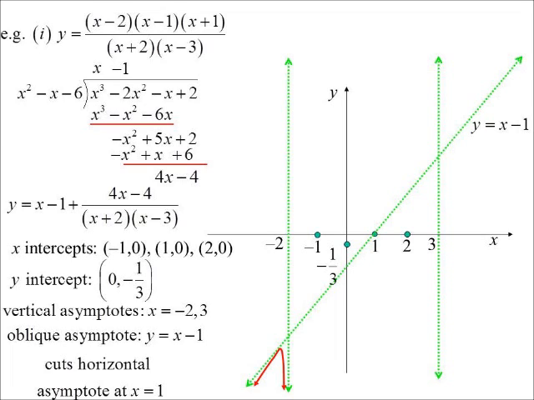The bit in the middle, a little bit more interesting, isn't it? I've got to bend towards the asymptote and keep going. Okay, here's an x-intercept at minus 1. I must be coming down to that x-intercept, because if I was coming up from the asymptote, I would cut the oblique one. But we know the only place it cuts is over here at 1. So it can't come from below, it must come from above.